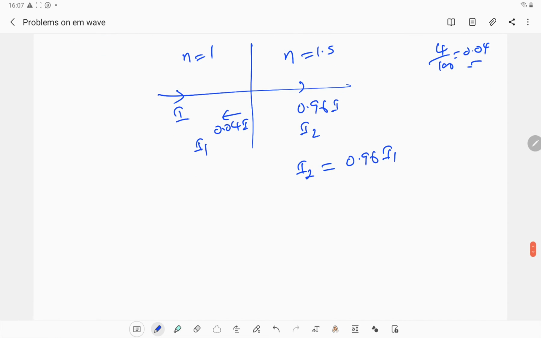0.96 I1. But here I is equal to 1 by 2 n C epsilon naught E naught square.